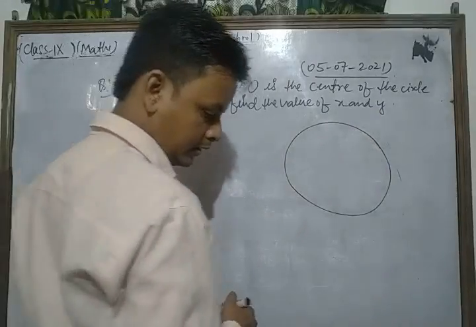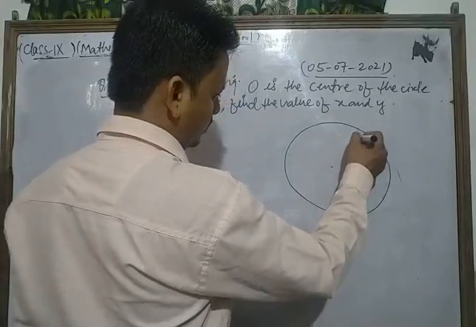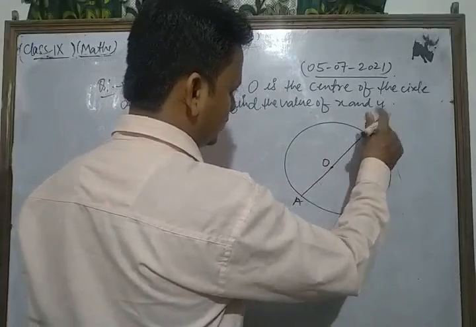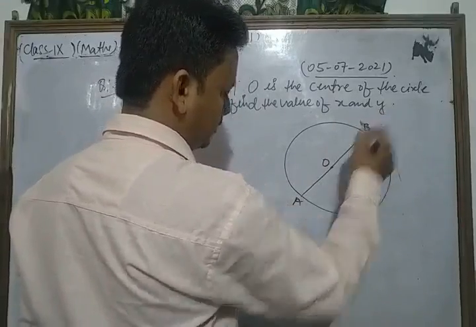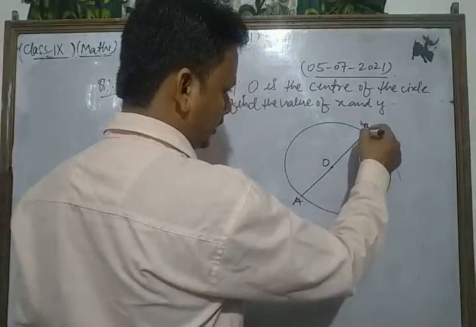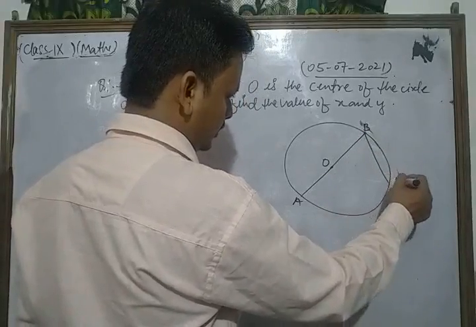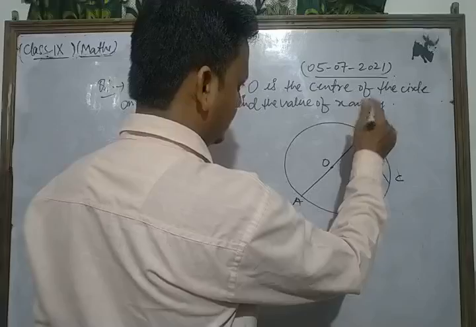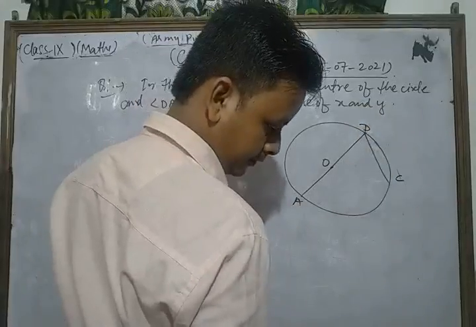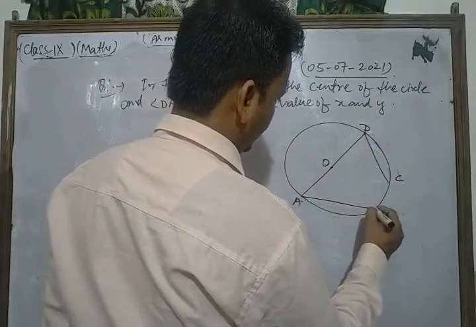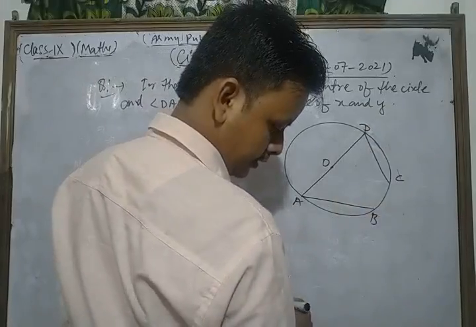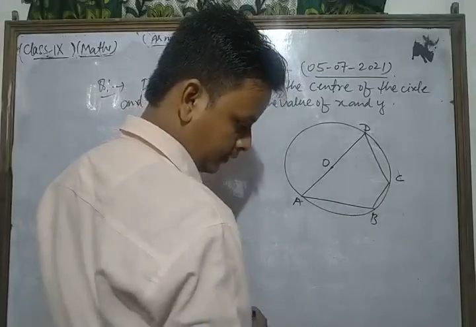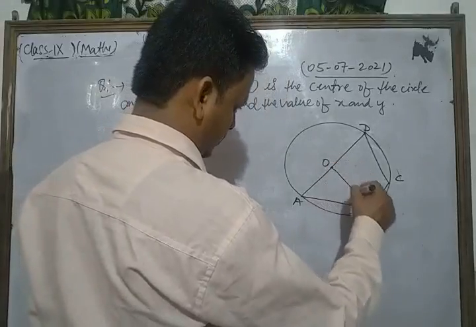And your figure is this. This is your circle. This is A, this is the center O, this is B, this is C, this is D, and we join OB.